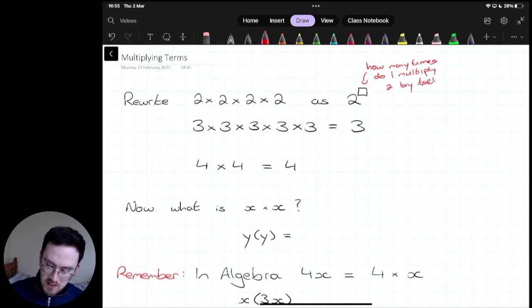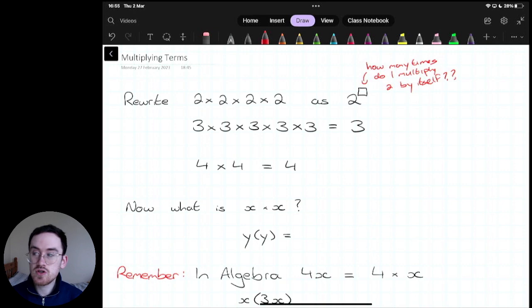So how many times am I multiplying 2 by itself? If we look here, 1, 2, 3, 4. So it's 2 multiplied by itself 4 times, which gives me 2 to the power of 4.